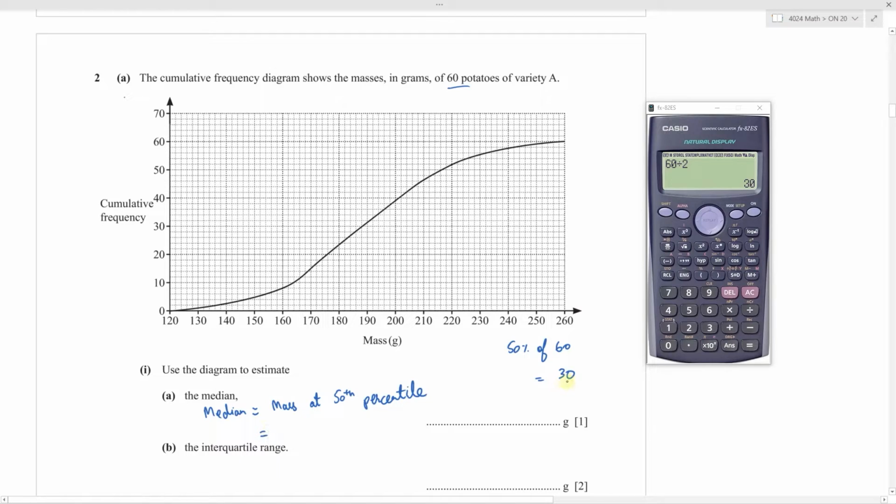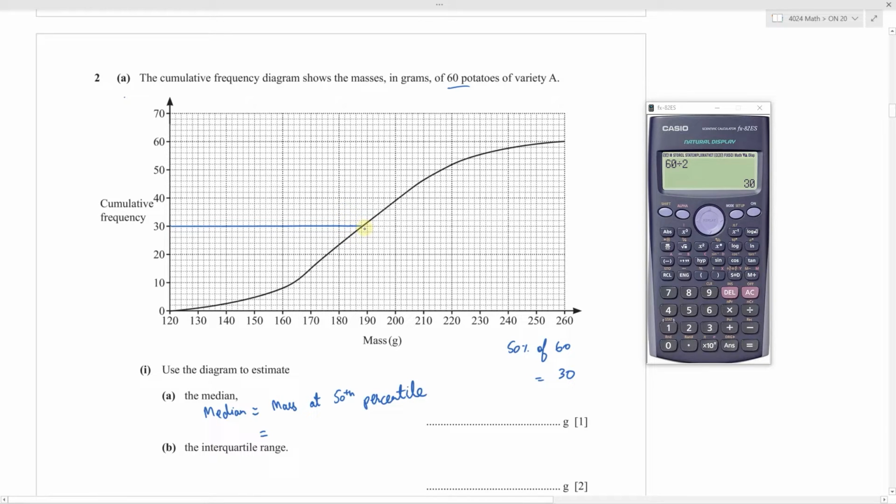So now you have to find the mass value when your cumulative frequency value is 30. Let me draw a straight line when the cumulative frequency value is 30. It will be this.